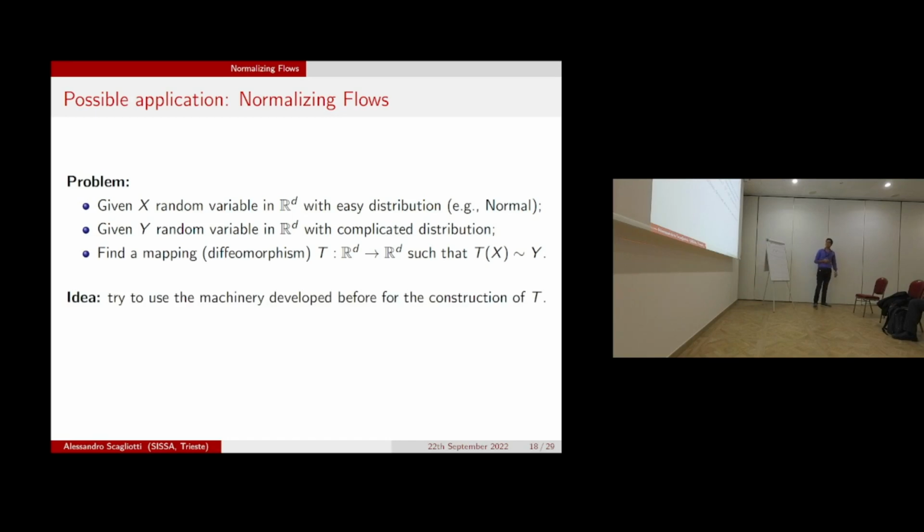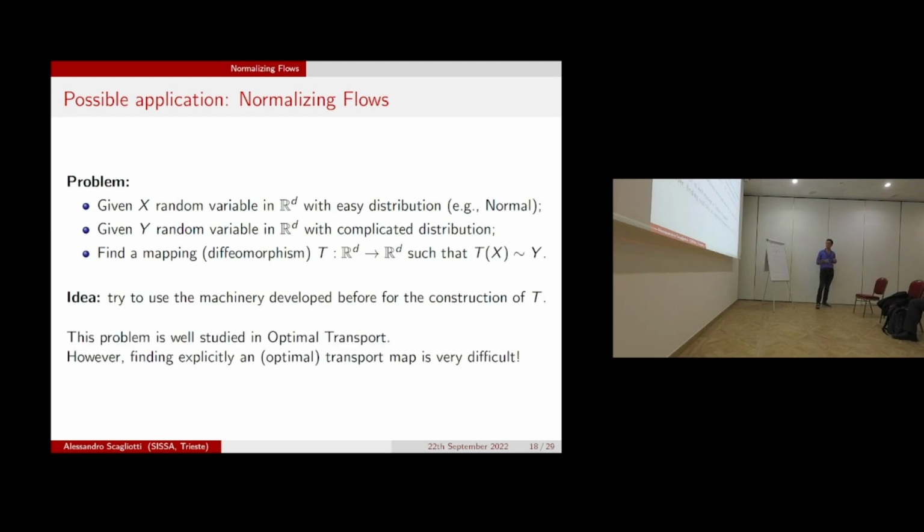Okay, what is the idea? The idea is to try to use the machinery developed so far in order to accomplish this task. Essentially, this is a sort of generative model, if you prefer to use this nomenclature. The problem of finding such mappings is well studied in optimal transportation.